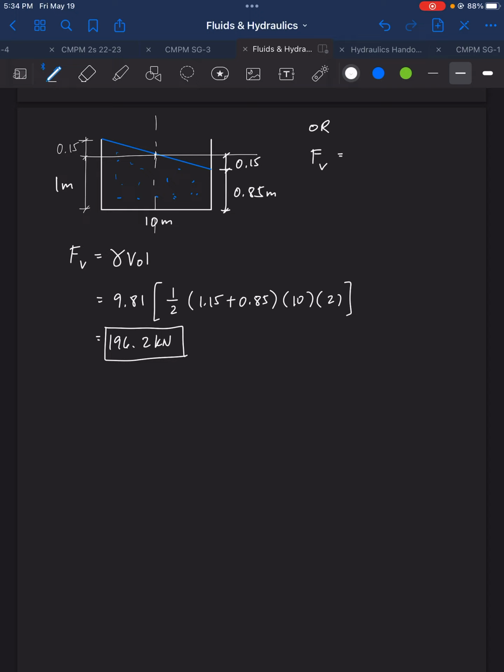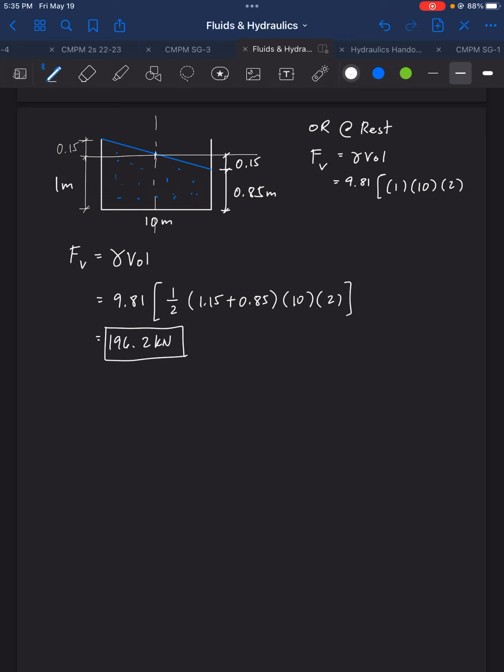Now also, if you see that there is no spilling liquid involved, you can just simply use FV at rest. There's no spilling liquid, right? So you have here the FV, the gamma volume, as 9.81 times the 1 meter, 1 meter times 10 times 2.